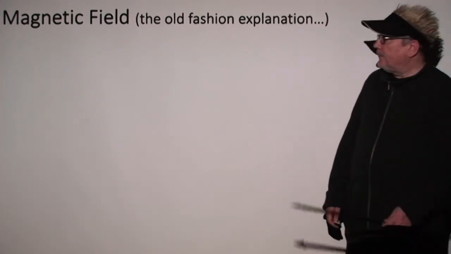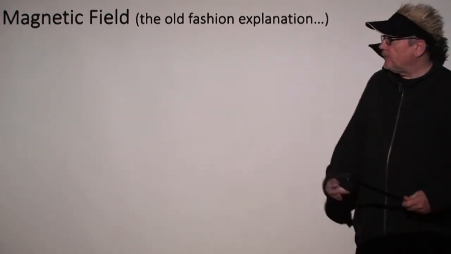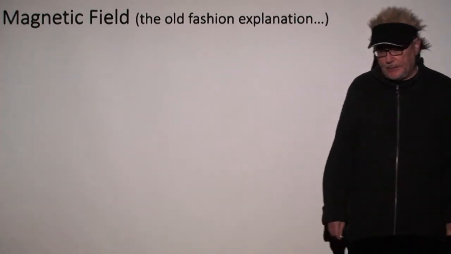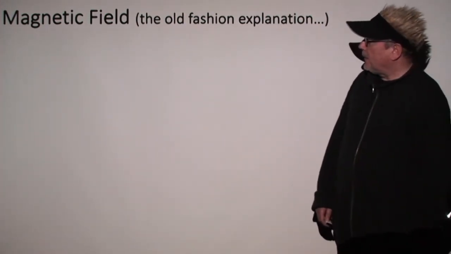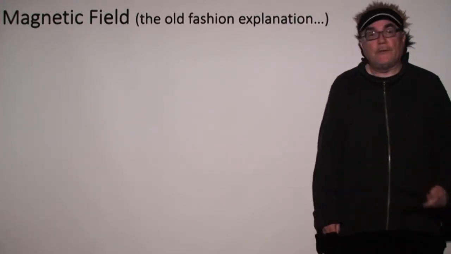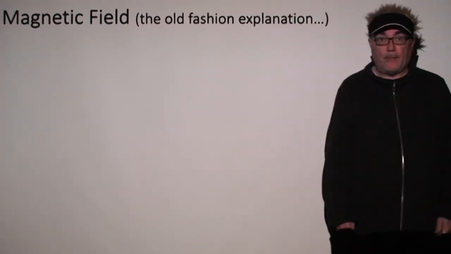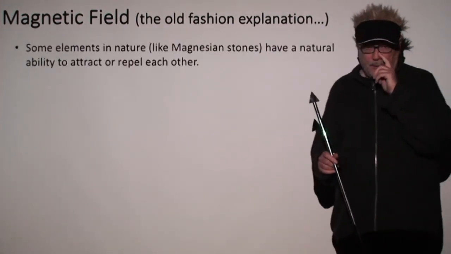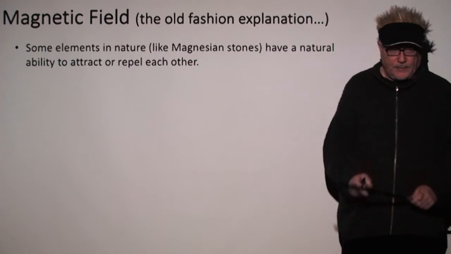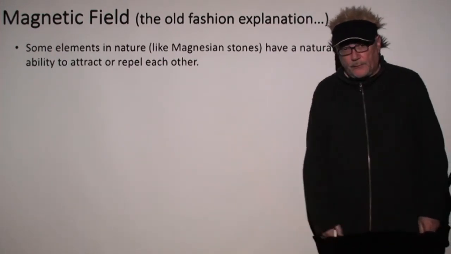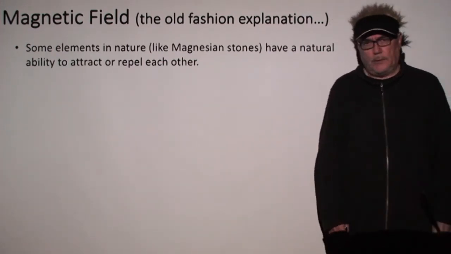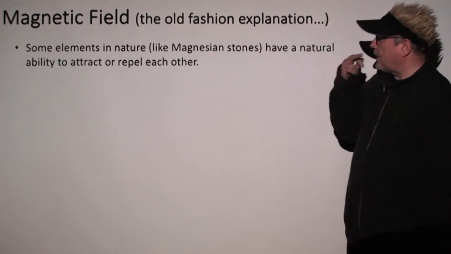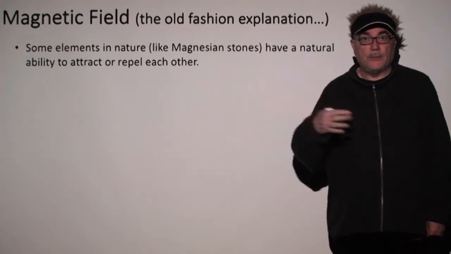Anyway, now that we've talked about fields in general, I'll go back to the world of physics in the 19th century, where there were a lot of discoveries and experiments made with magnets, for instance. Magnets were discovered a long time ago by the Greeks, because there is a region not far from Greece, actually it probably was part of Greece at that time, which have a natural ability to attract or repel each other.